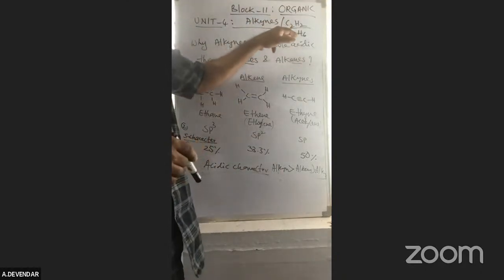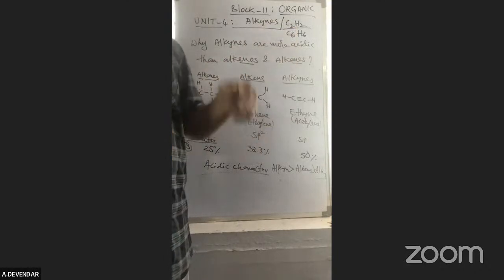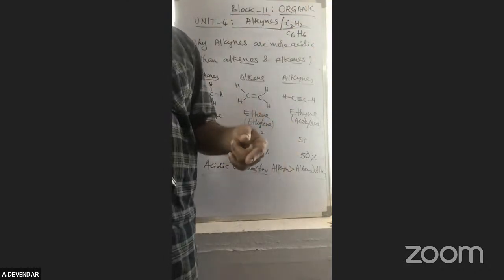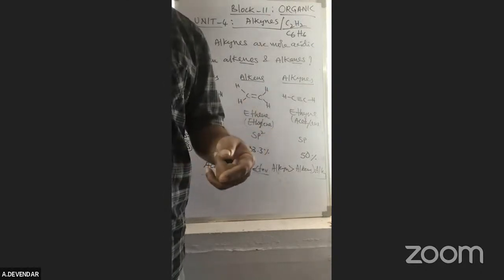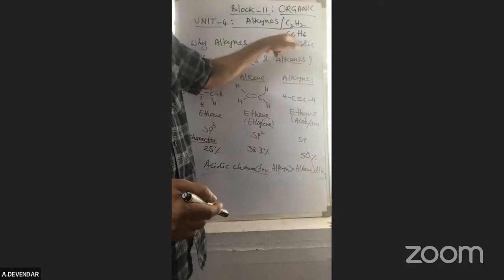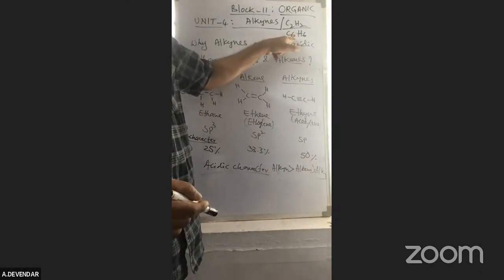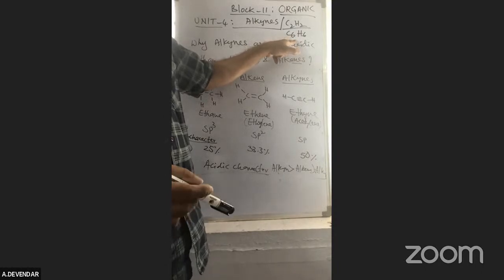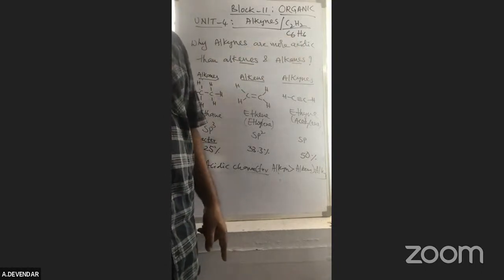The general formulas are CnH2n+2, CnH2n, CnH2n-2, then CnH2n-6. This CnH2n-6 is the general formula of benzene, indicating a very highly unsaturated hydrocarbon.